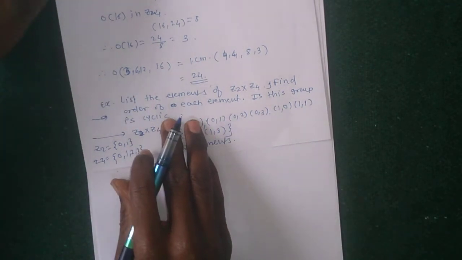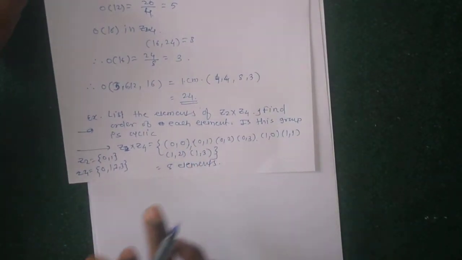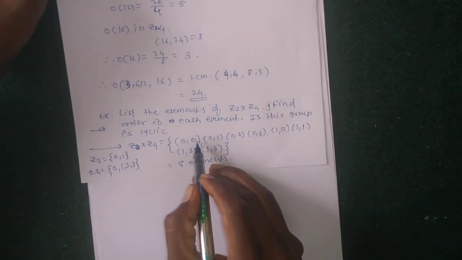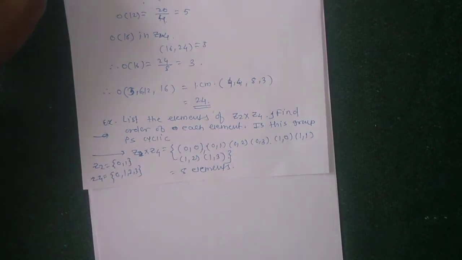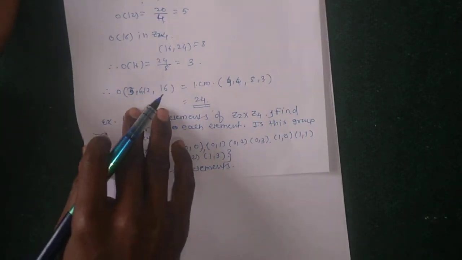To find the order of each element, first (0,0) has order 1, then the order of (0,1). So how do we find their order?